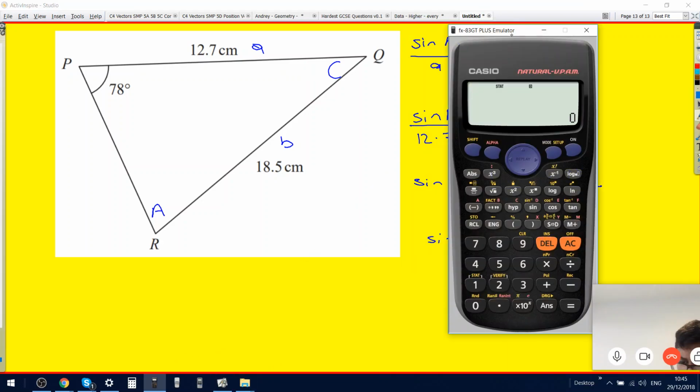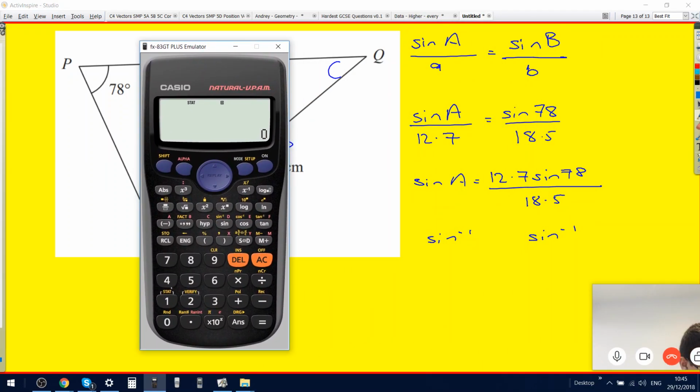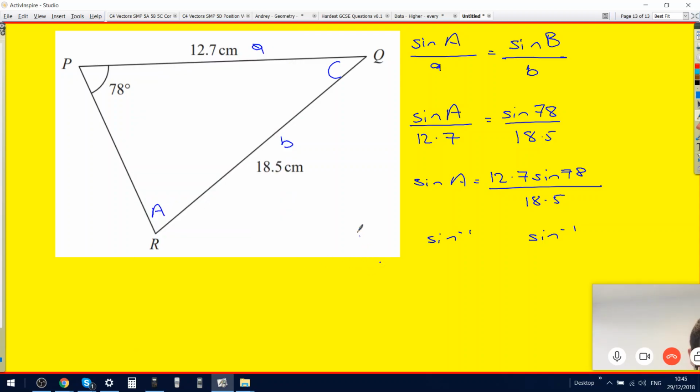Shift sine, and we get 42.182 for angle A.